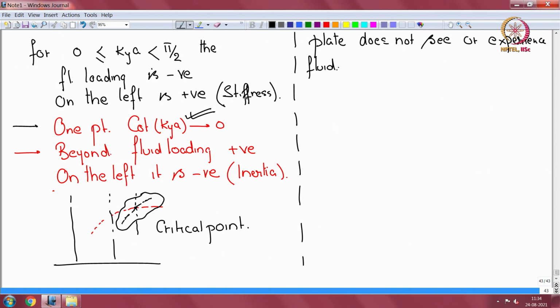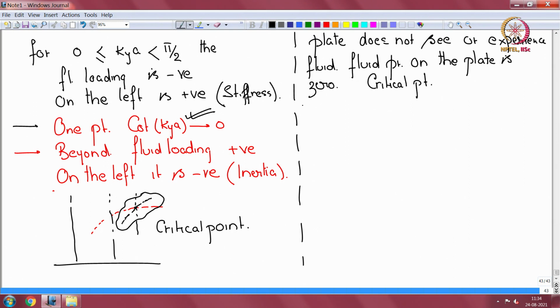Or the fluid pressure on the plate is 0. And hence the coupled wave behaves like the uncoupled wave. Now we look at that critical point, we look at what happens at that critical point in a few minutes.